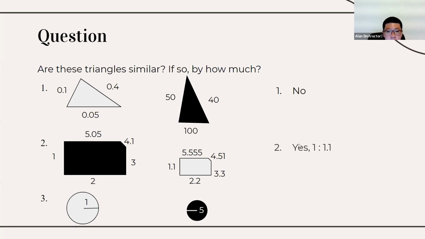Alright, so for the next one, the correct answer is yes, the ratio is 1 to 1.1, because when you multiply each of the side lengths on the left by 1.1, you get the side lengths on the right. And for the third one, the answer is yes, it's 1 to 5, because on the left, you can see that the radius is 1, and on the right, it's 5.